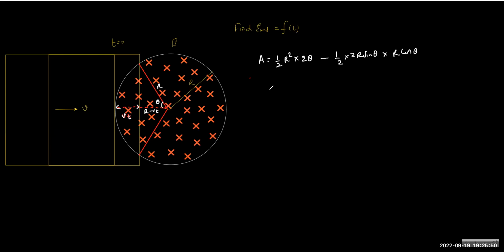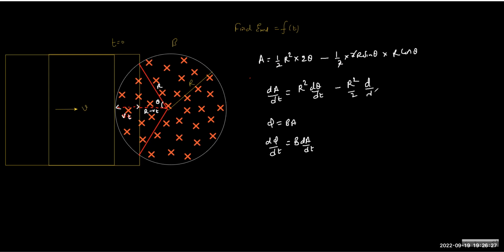So if I write the flux, the B will come. Let's find dA by dt, because at the end of the day flux is BA. So d phi by dt, with B constant, is dA by dt itself, right? So dA by dt becomes R square d theta by dt minus R square, and sin theta cos theta we can write as sin 2 theta by 2.